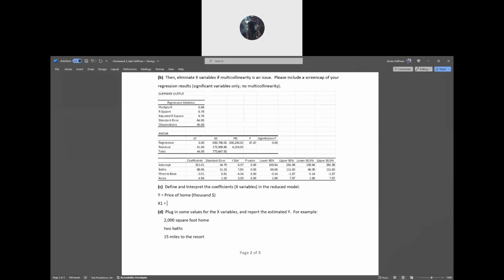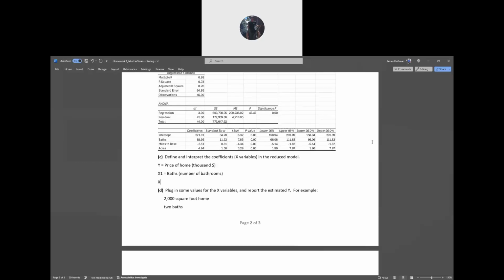X1 equals baths. So this is just number of bathrooms. X2 is miles to base, and that's in miles. Pretty self-explanatory. And then X3 is acres, just in total acres, right?